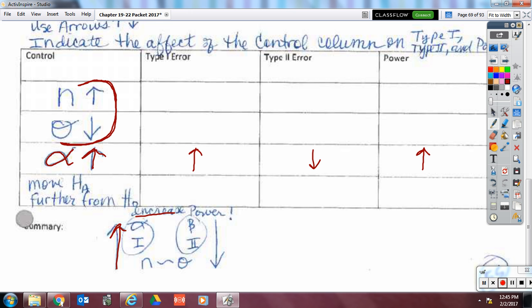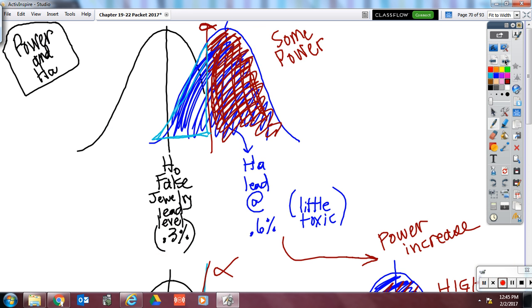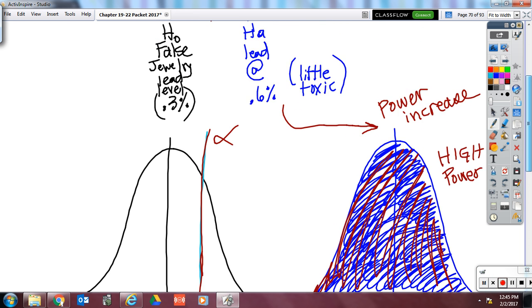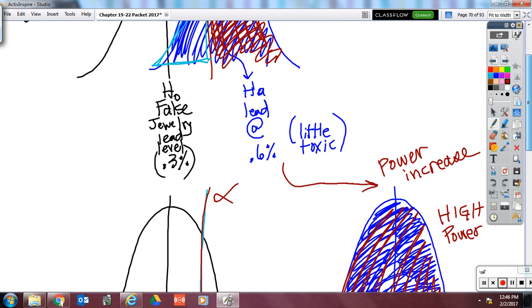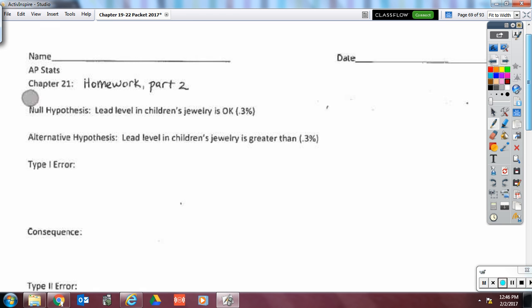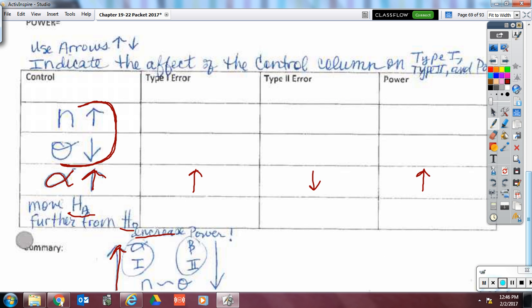Let's do the one that's not on the chart: move the alternative far away from the null. That's this page. So what happened as my alternative got farther away from the null? Power increased. That was the key to this page. So I come down here and say power went up.